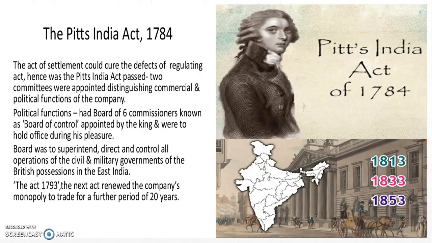Political functions were handled by 6 commissioners known as the Board of Control, appointed by the king and holding office during his pleasure. The board was to superintend, direct and control all operations of the civil and military government.